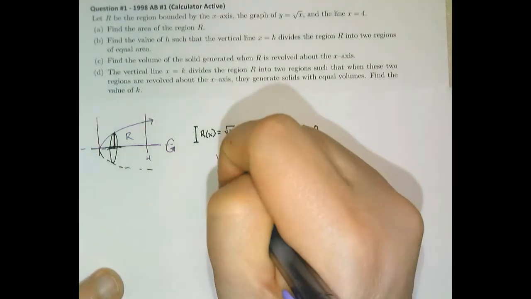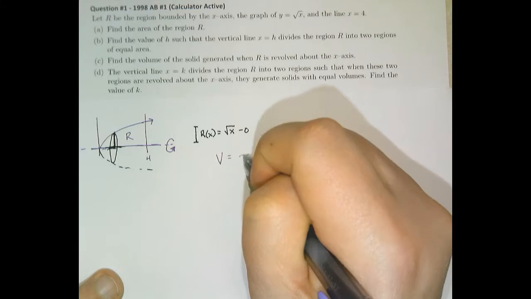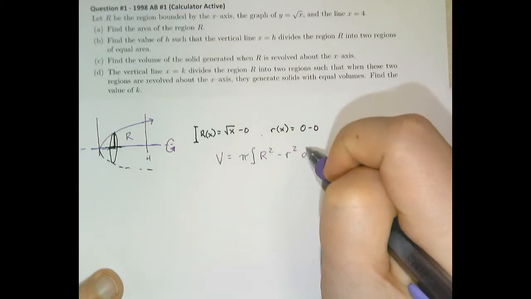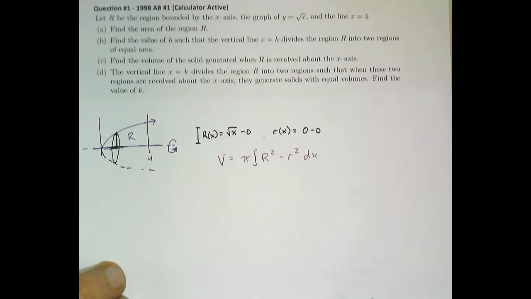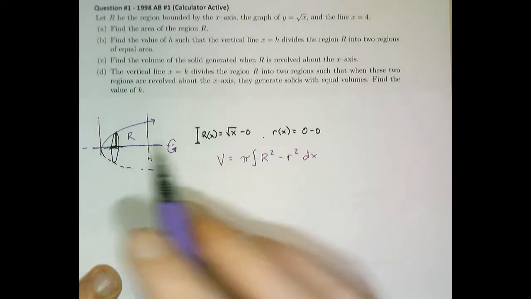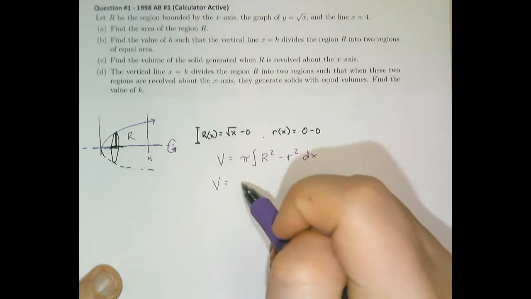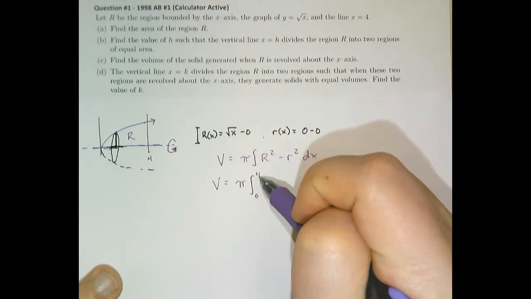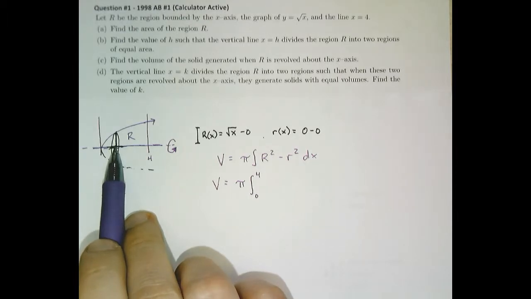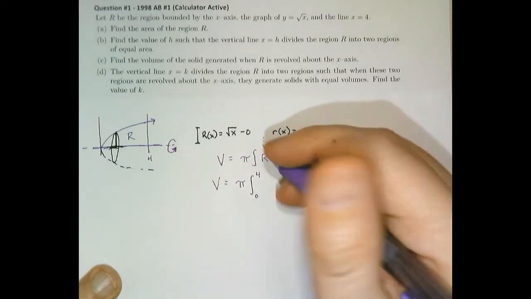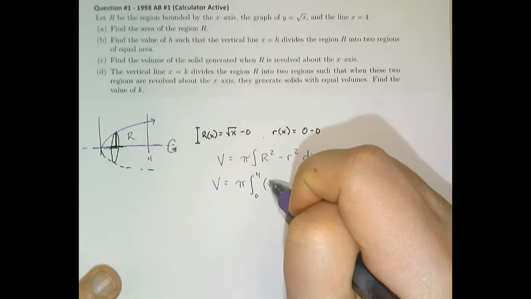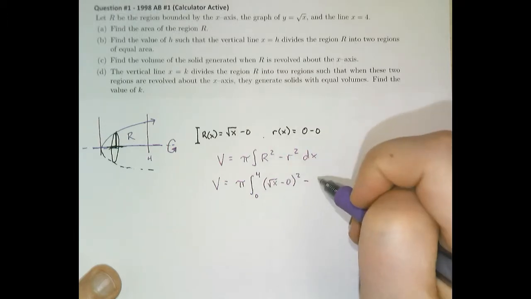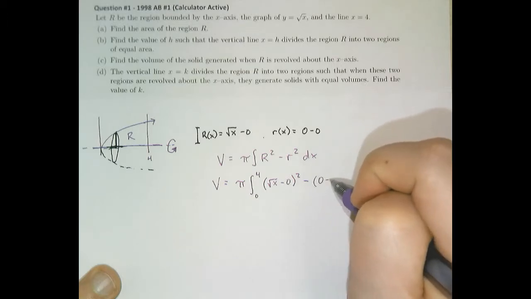So very loosely, volume is pi integral big R squared minus little r squared dx. If we apply that to the scenario of this problem, our volume is pi stacked from 0 up to 4. All of our washers or disks are stacking up from 0 to 4 of big R of x squared minus little r of x squared.